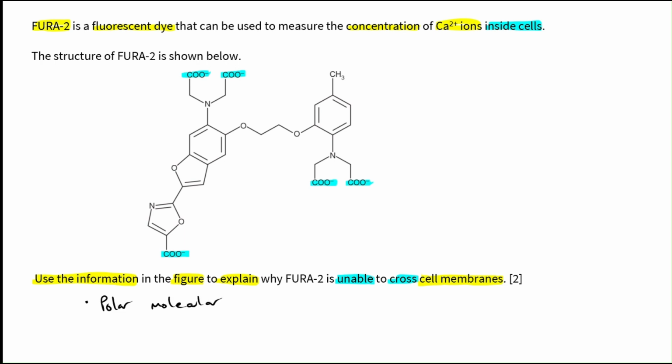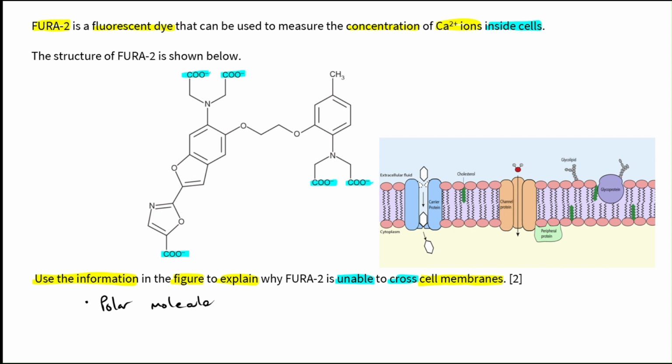Because we know it's a polar molecule, that therefore tells us that we are going to have to consider the fact that our membrane is made up of a phospholipid bilayer.